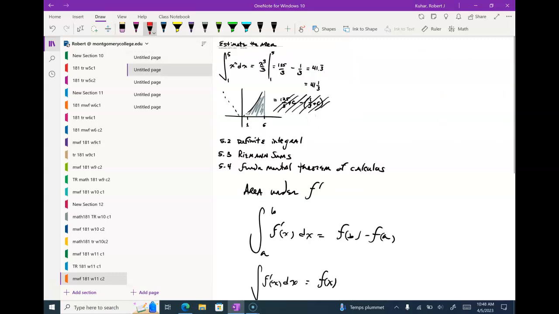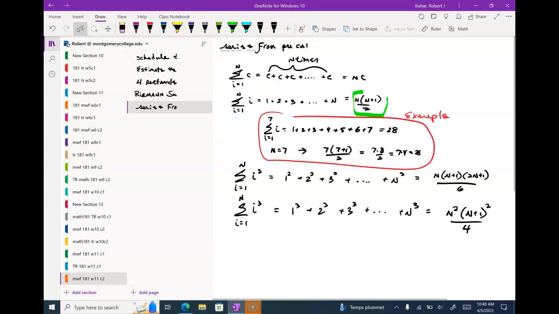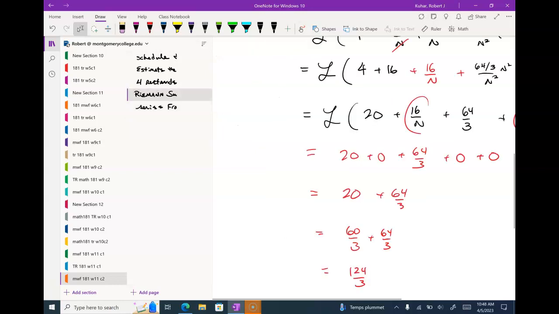Look at it. 125 over 3 minus 1 over 3. 124 over 3. 41 and a third. Exact. When I go to an infinite number of rectangles, I get the exact area. I get exactly what the definite integral gives me.